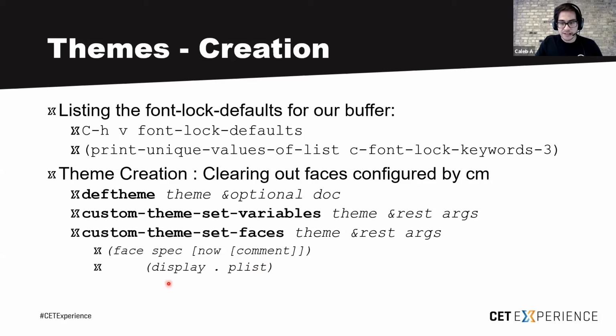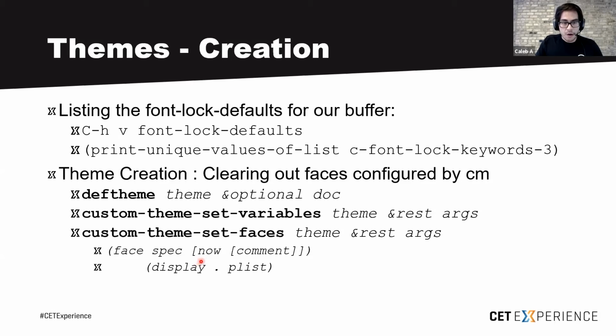This states how the face should appear on different kinds of terminals. But we can have all our attributes, the height, the weight, etc., display for all terminals by simply putting in T for display. And the plist is the list of attributes.